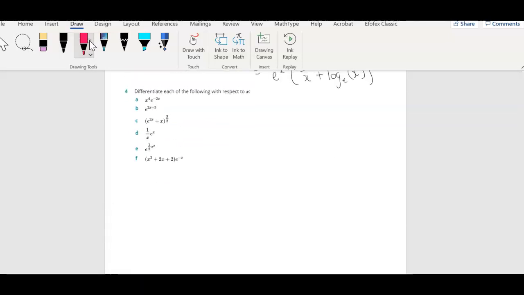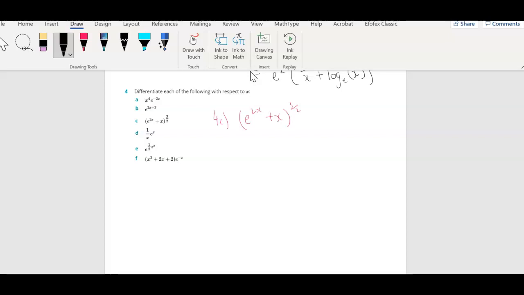All right, so let's see, which question can we do? Let's do C. I don't know why this one's here, because I would use the chain rule for this one, not the product rule.